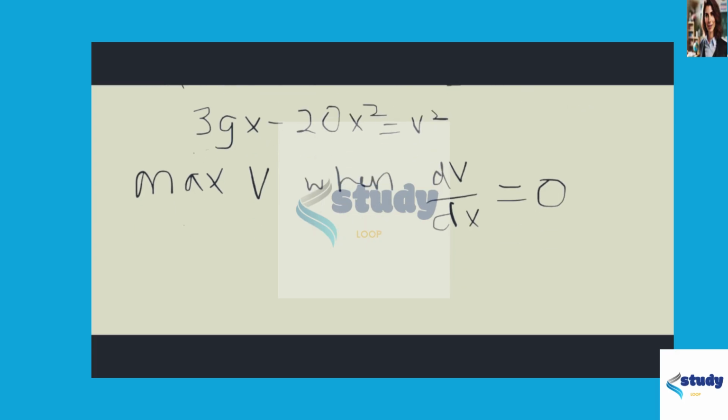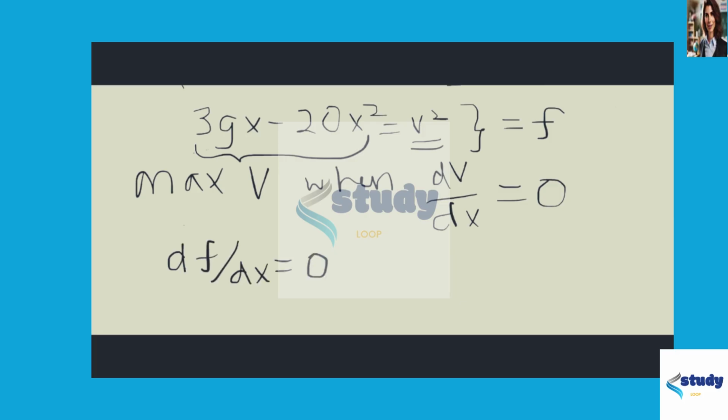Now, the expression here is actually in terms of v², but that's okay, because maximizing this expression on this side will maximize the expression for velocity squared, because all we're doing at the end is simply taking the square root of v² to get v. So I am just going to call this f, and just to make this mathematically correct, we're going to say when df/dx is equal to 0.